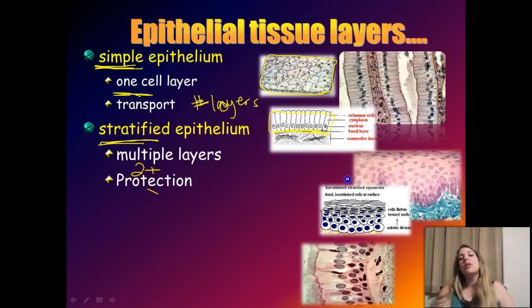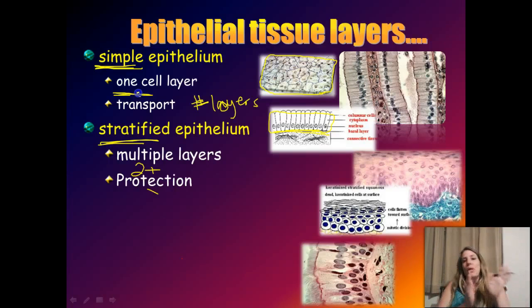So simple epithelium tends to be found in areas where there's a necessity for transport. So for example, the lining of blood vessels, you've got to transport blood, or areas that have saliva, things like that. So you tend to have transport functions for simple epithelium, whereas stratified are found in areas where protection is a major thing that you have to worry about.